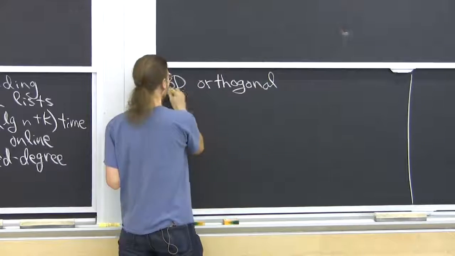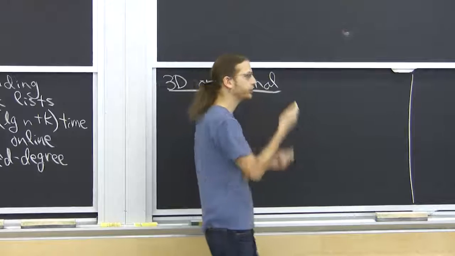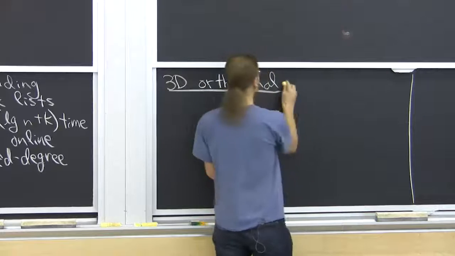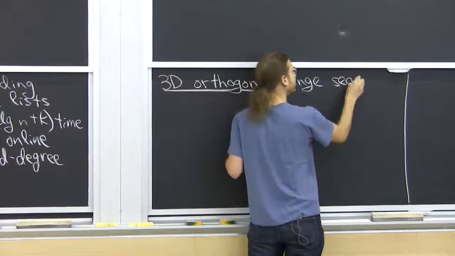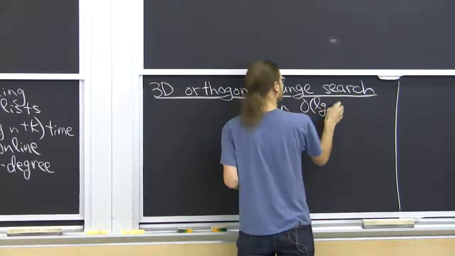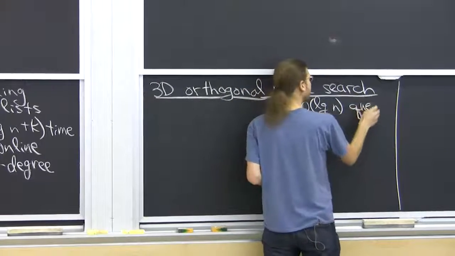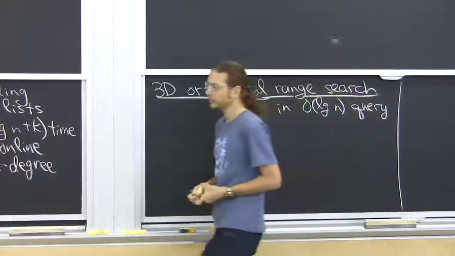That was using fractional cascading, or really half of fractional cascading, which was just a cross-linking idea. This time we're going to do 3D orthogonal range searching in log n time. Our space is going to go up by a couple log factors. But this is pretty cool.